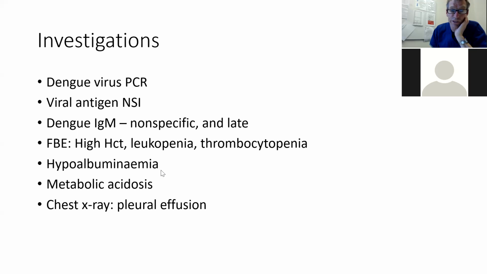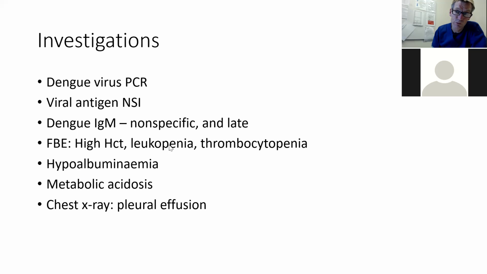We can also look for dengue virus serology. So that's the antibody. IgG will be common, but IgM is not a very good test because often it is late. So the child will be in the convalescent phase before the IgM is positive. So it's not such a good test.